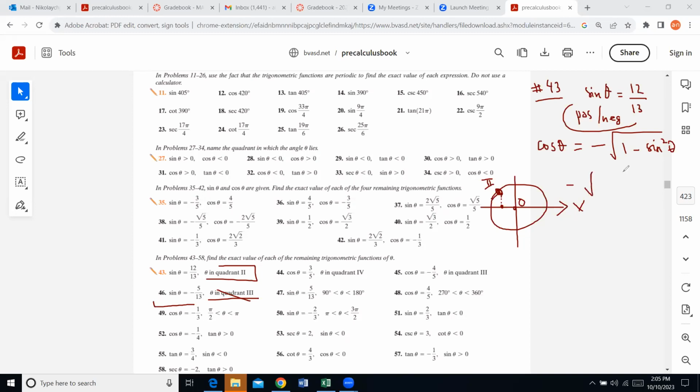Don't forget to keep the minus. It's 1 minus sine squared, so that's 12/13 squared. We get 25/13 squared, something like that, which is 5/13.